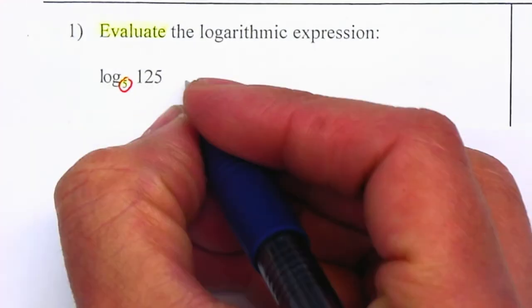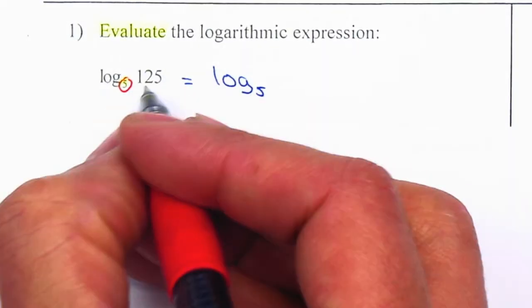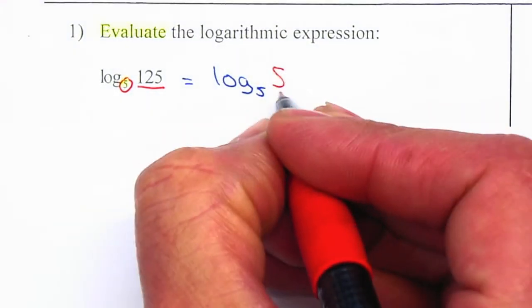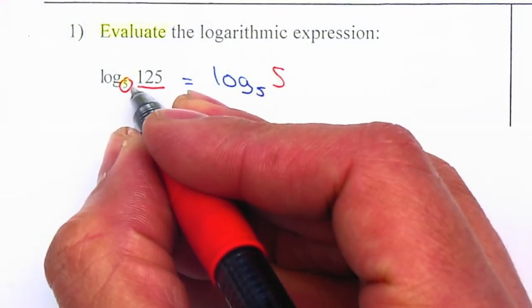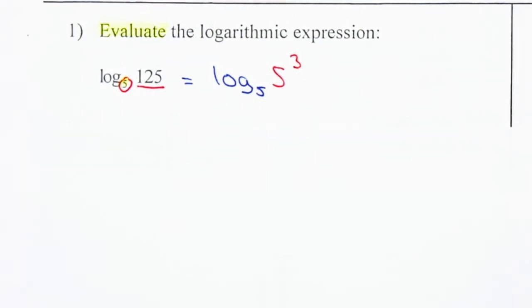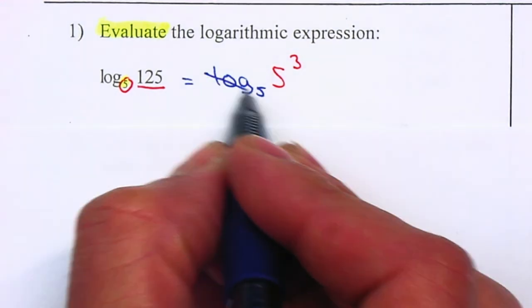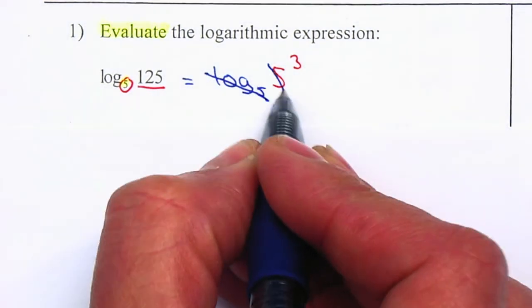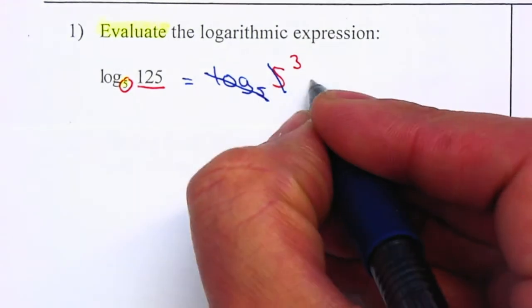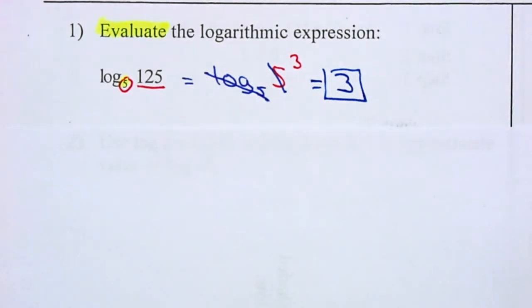I want to rewrite this as log base 5, but I want to change the 125 to a base 5. 5 to what exponent is 125? 5 to the third power will be 125. So using one of the properties, we can cancel this, and we have a 3. That'll be equal to 3.